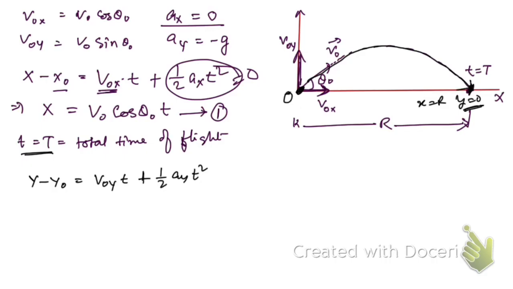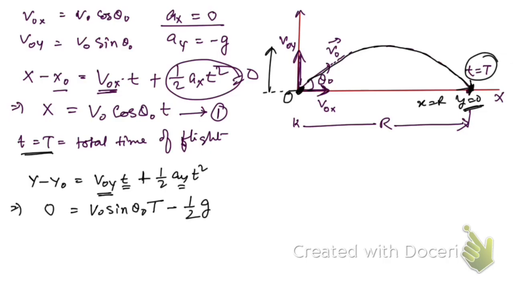So along the vertical direction, the net displacement is 0 after time capital T, because it started from the ground and again reached the ground. v naught y is v naught sin theta naught, the time is capital T, and ay is minus g, so minus half g capital T squared, and from here we're going to find T.